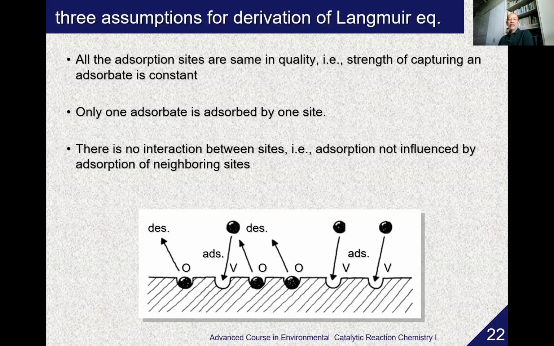And there is no interaction. If one adsorption site molecule is reacted with the other adsorbate, there is no interaction with the other adsorption site molecule. So that means these assumptions say the adsorption site is something like a molecule.